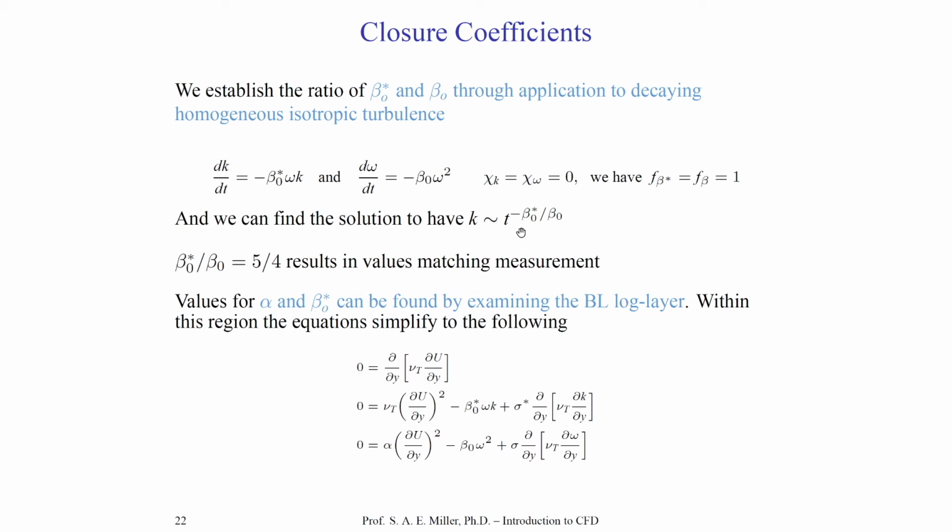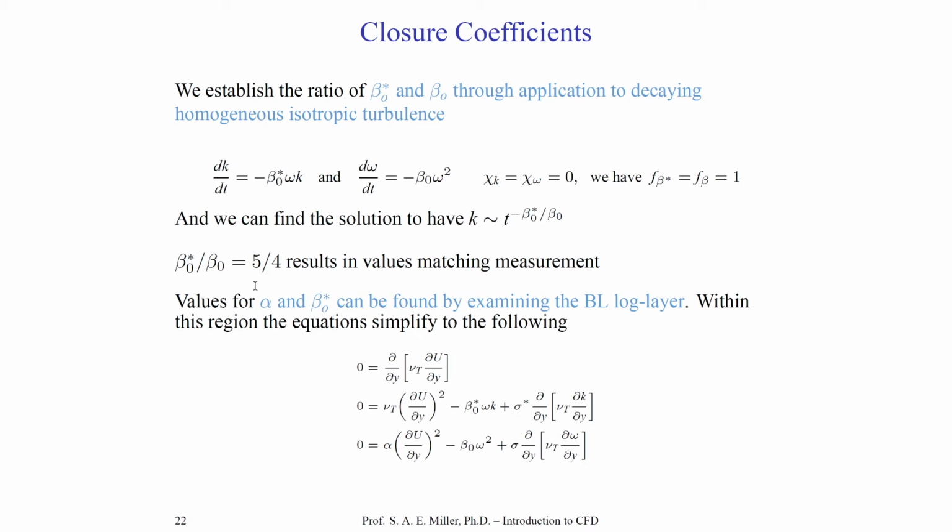It turns out that if we match through theory the decay of TKE with time, then beta must be exactly and analytically 5/4. This matches experiments of grid turbulence, which is a form of homogeneous isotropic turbulence in local regions.